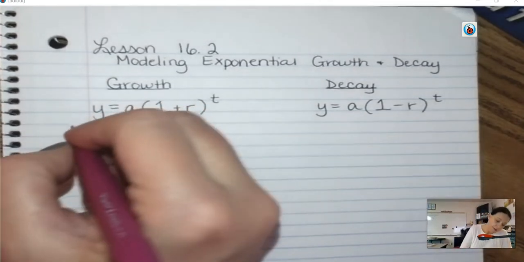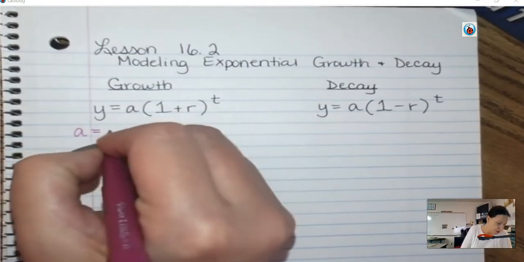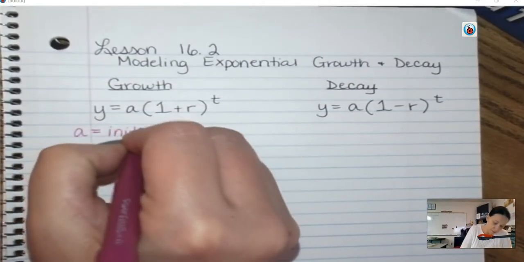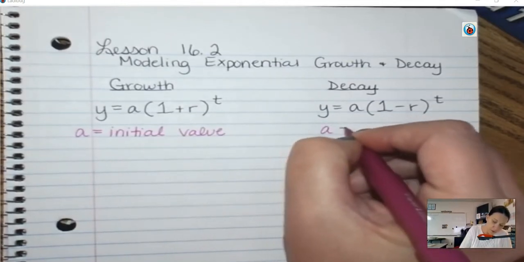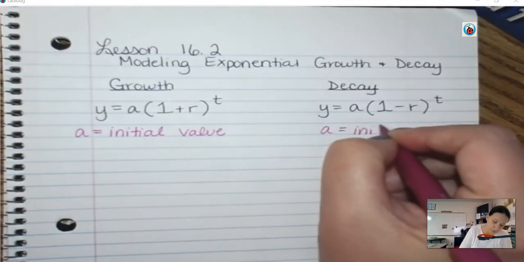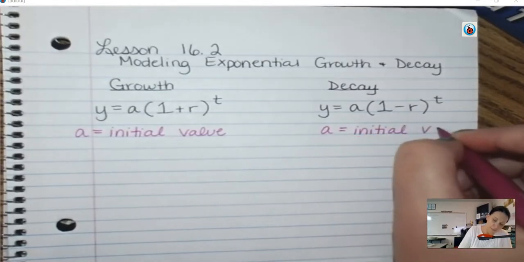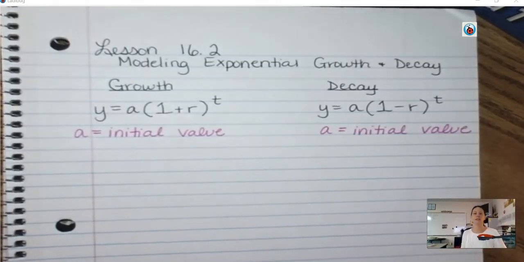Okay, the a value stands for the initial value, or the initial amount, or the beginning value. So for both equations, a is the initial value.